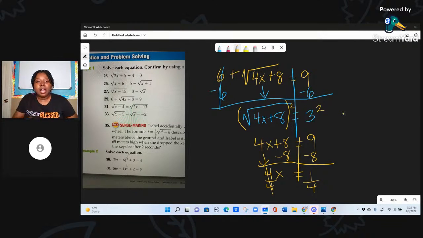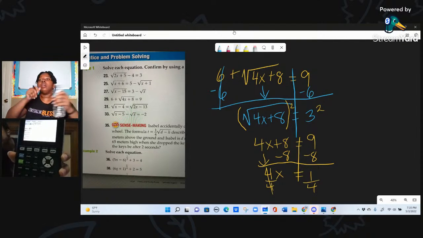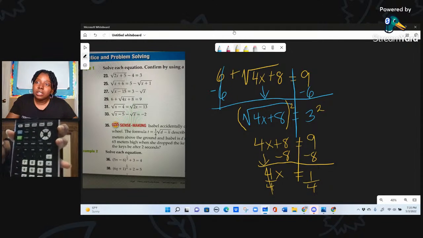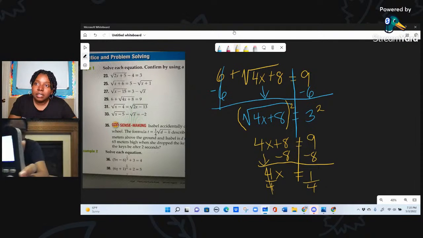All right. So let me see. Are you able to turn the camera just on your calculator? Yeah, I can try. That way I can see what you're putting in. I don't know if you can see. Yeah, down lower.